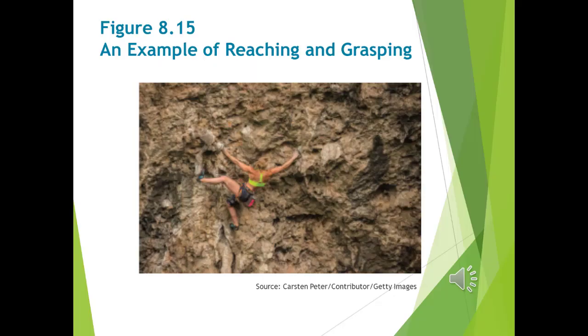While the previous illustration of two hands showed the reaching and grasping of an adult and a child, people who are rock climbers will, in the context of their climbing activity, exert both reaching and grasping functions.